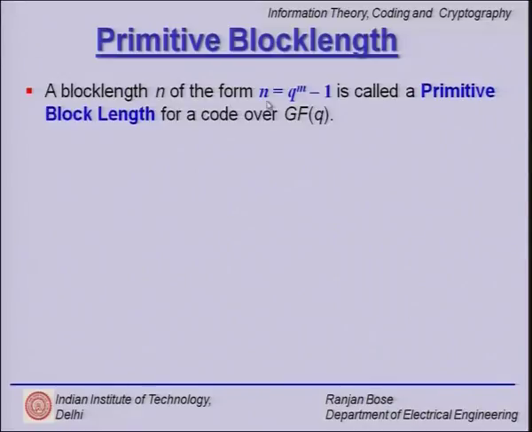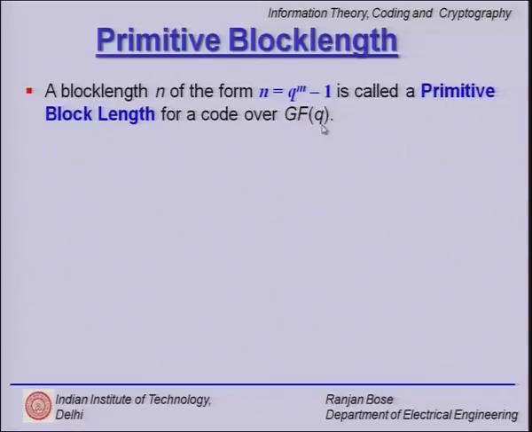So, this n is critical, and we define this special n for which factorization will be extremely easy as the primitive block length equal to q raised by m minus 1 if I am working over GF(q). Please note, right in the beginning we are saying that we are willing to work with non-binary codes.